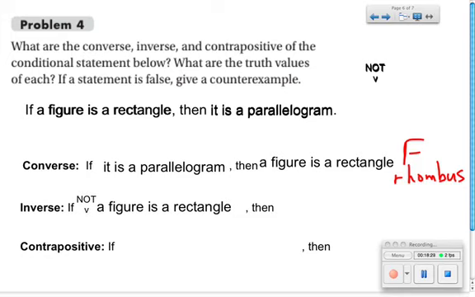Okay, so where might you click and drag that word not so that it actually sounds like a sentence? There we go. Keep going. Fantastic. Thank you. Yes, the inverse of the statement is if a figure is not a rectangle, then it is not a parallelogram.